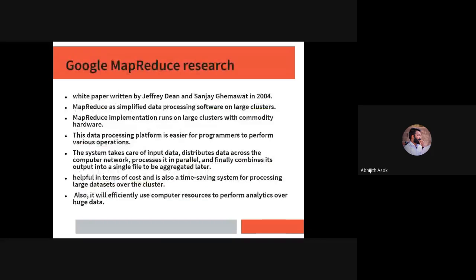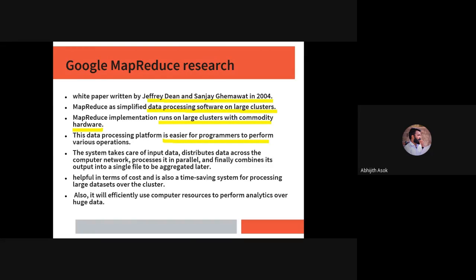Okay, Google MapReduce research. It is a white paper written by Jeffrey Dean and Sanjay Ghemawat. MapReduce is a simplified data processing model on large clusters. Its implementation runs on large clusters with commodity hardware. Data processing is easier for programmers to perform various operations.